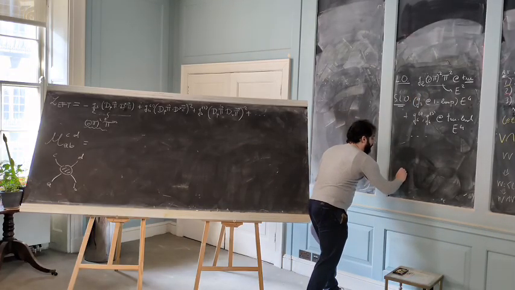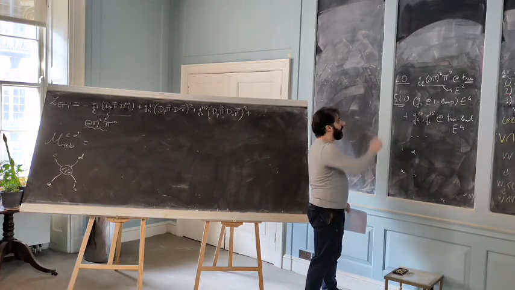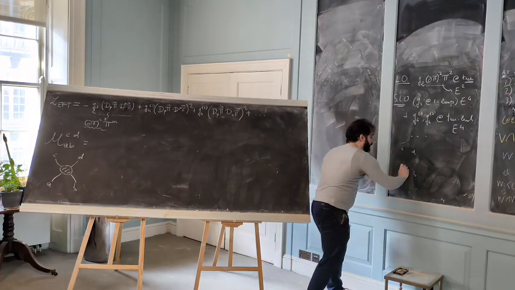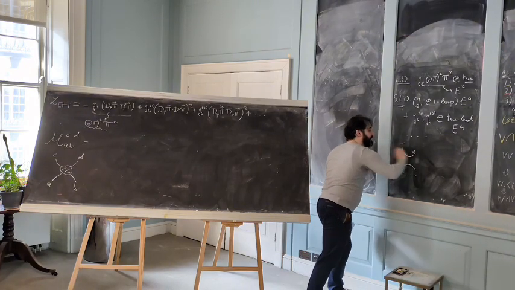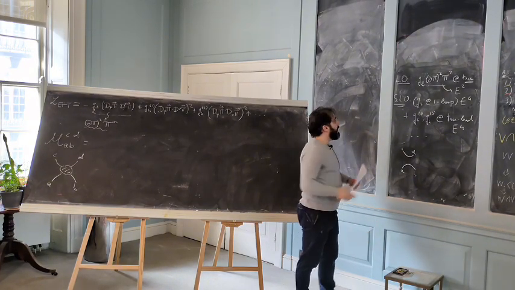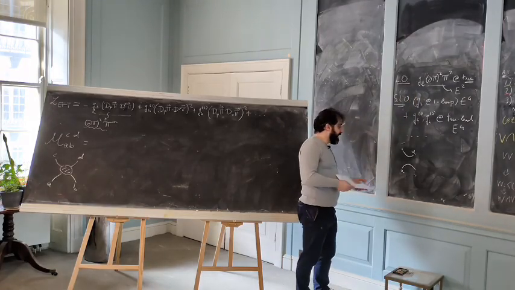So we can imagine that if I have some labels A, B, C, and D, I have to contract flavor indices. So let's imagine that I contract A and B in this way, and C and D in this way. And then we have the derivative that follows the line of the flavor indices.